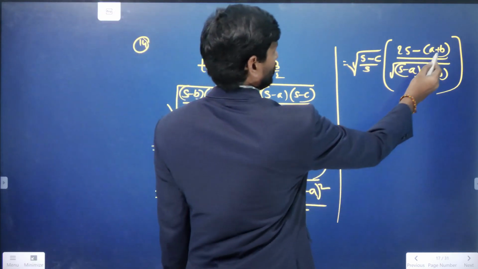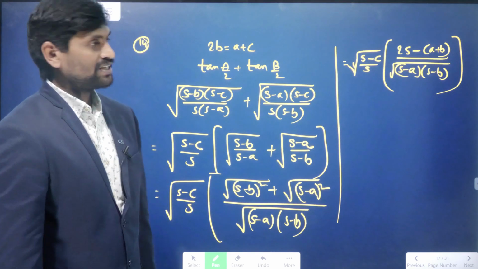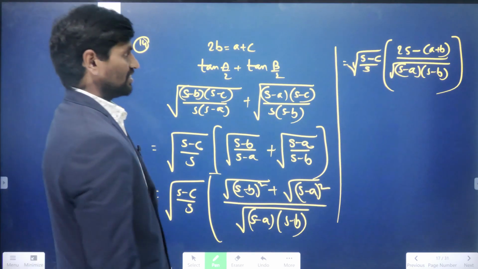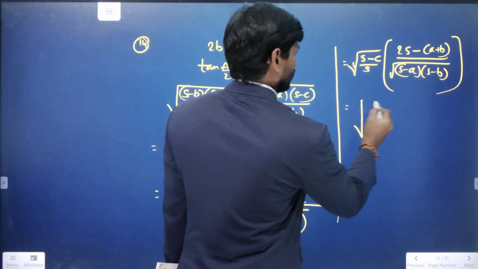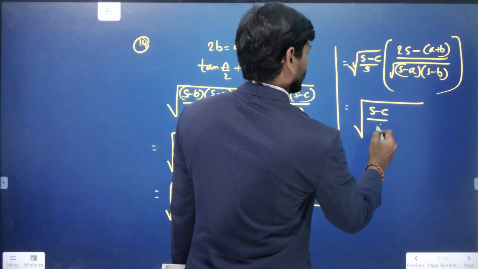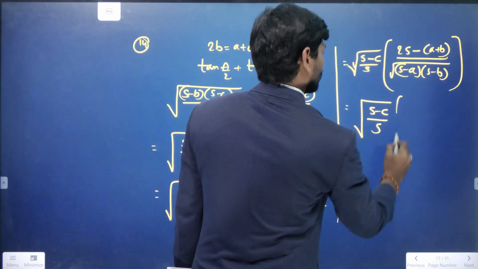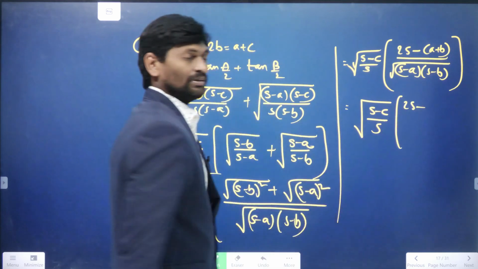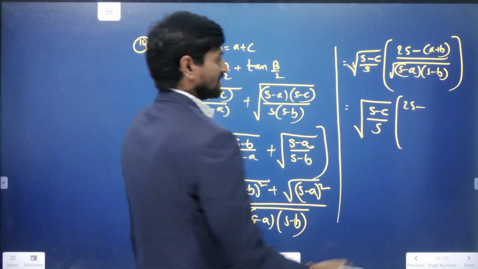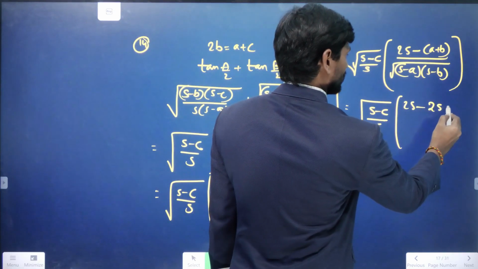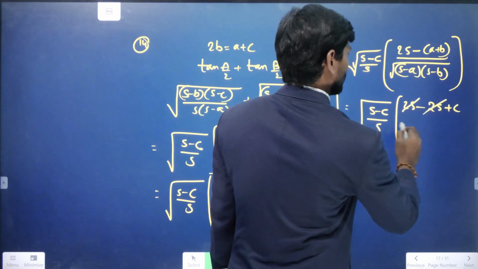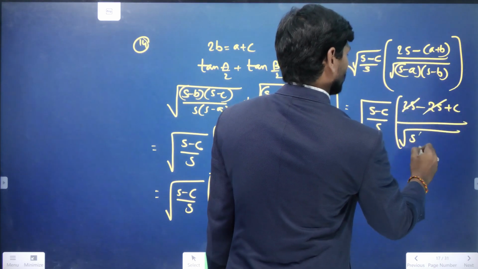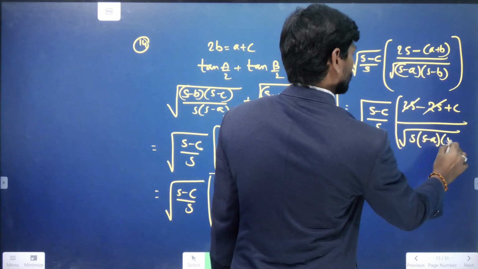Okay, so in the place of a plus b I can write 2s minus c. Root over (s minus c)/s, and in the place of a plus b I can write 2s minus c. 2s minus (2s minus c) becomes plus c. Yeah, c cancels. Here root over s into (s minus a) into (s minus b).